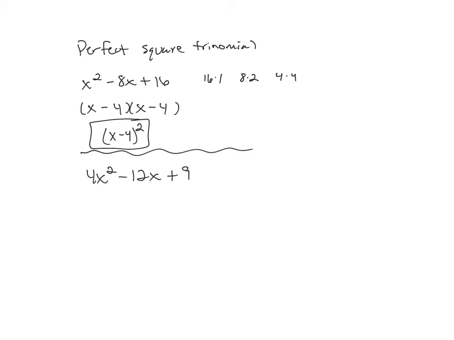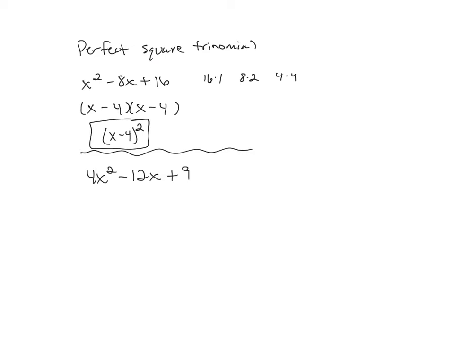I can't do what times what is 9 that adds up to 12, because there isn't anything. You can't do that when there's a number in the front. On the problems today, you still want to look at, is there something in common? I'm going to get to a problem where there actually is in a minute.